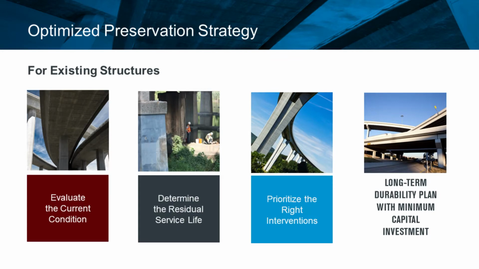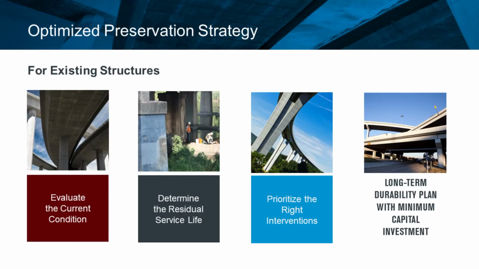So the strategy can be described in 3 different steps. The first one is to evaluate the current condition. The second one is we determine where we are. If we have to repair a bridge, we must know what's the current condition. Then we must determine where we're going after that condition.